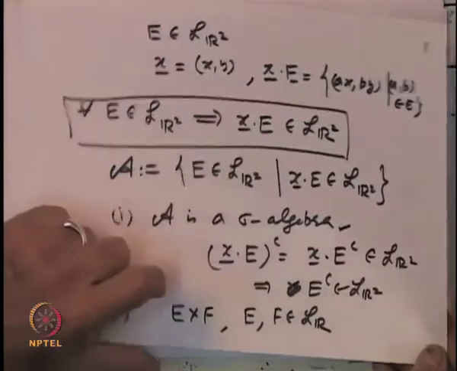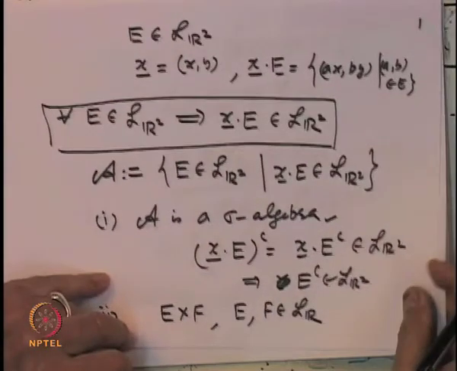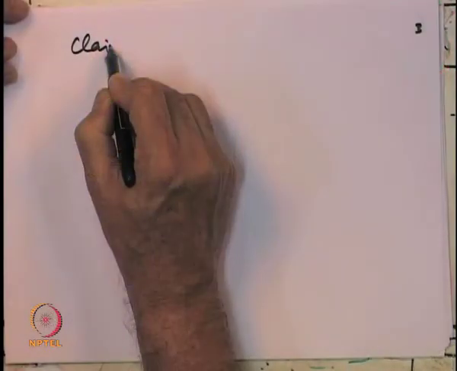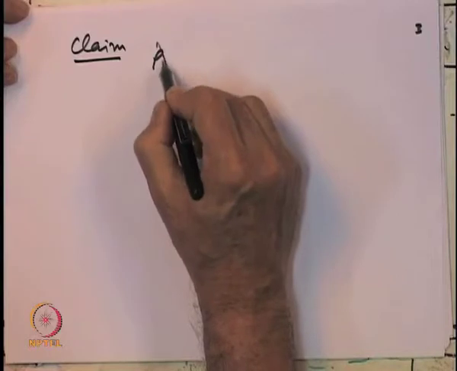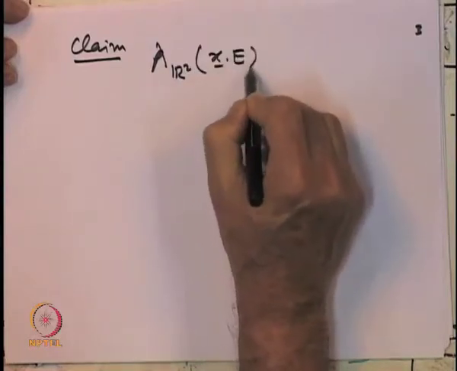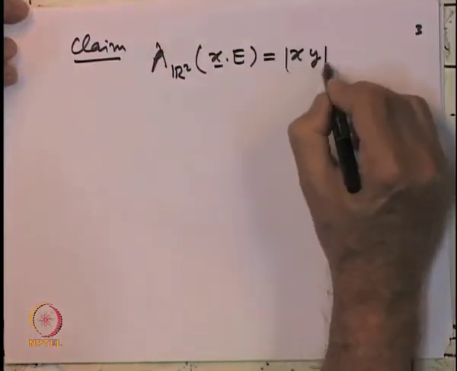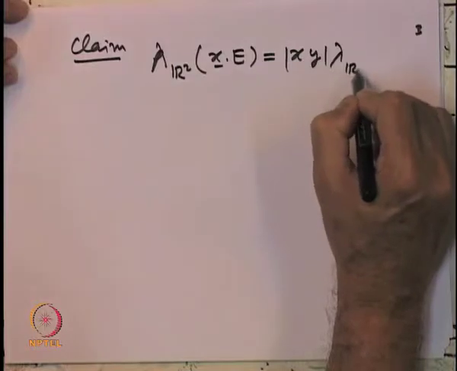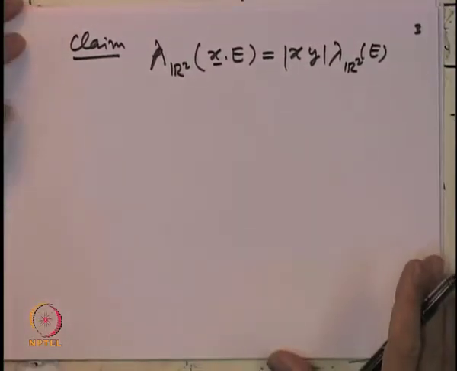And next we want to check that the Lebesgue measure also is preserved. So, that again is a proof which is similar to the earlier proof. So, we want to check the claim. The second part of the claim is that the Lebesgue measure of the set x dot E is equal to x y product Lebesgue measure of the set E. Okay. So, this is what we want to check.